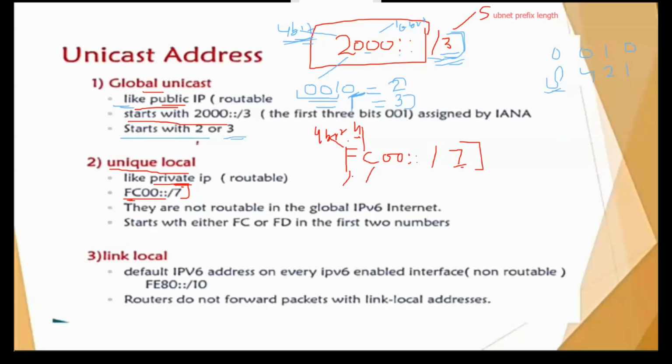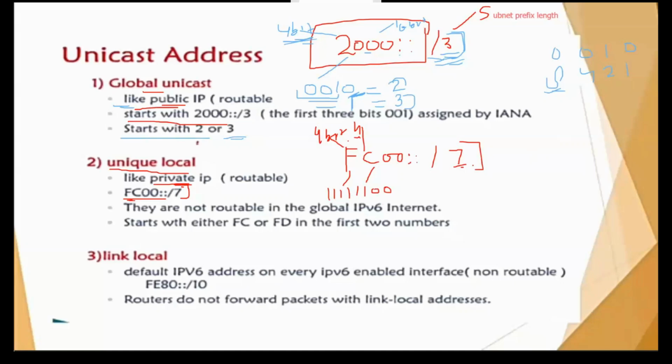So F means the last value, 15, so that will be 1 1 1 1 for F. C means: A is 10, B is 11, C is 12. So 12 means 1 1 0 0. That will be the value for C, 1 1 0 0.